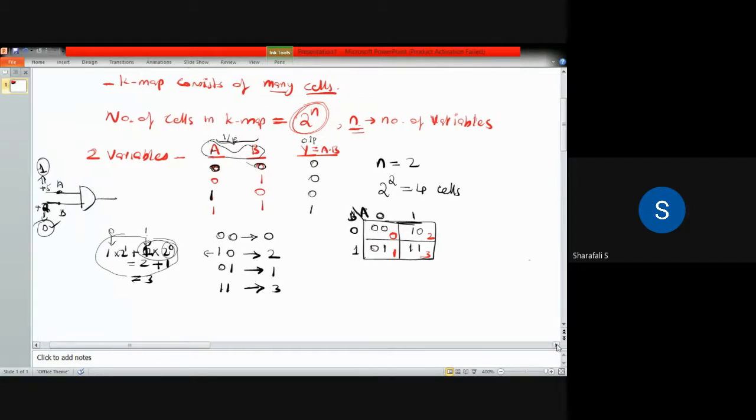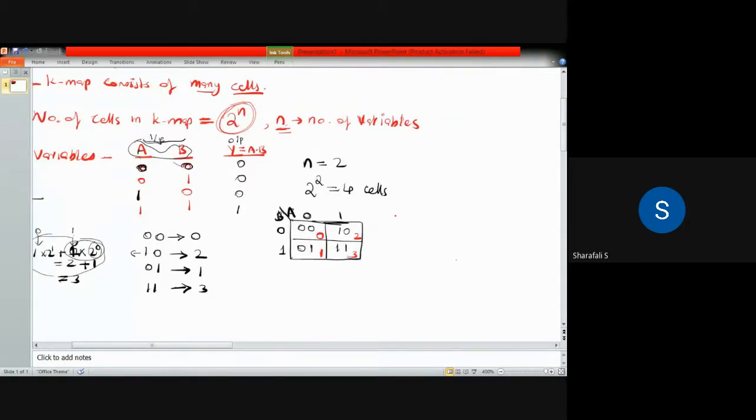Now you can also make this map with 2 variables, which means that we will have 4 cells. So you consider it like this. And if you take A on this side and B on this side, here A is your most significant bit, B is your least significant bit, because A gives the high position and B gives the lower position.